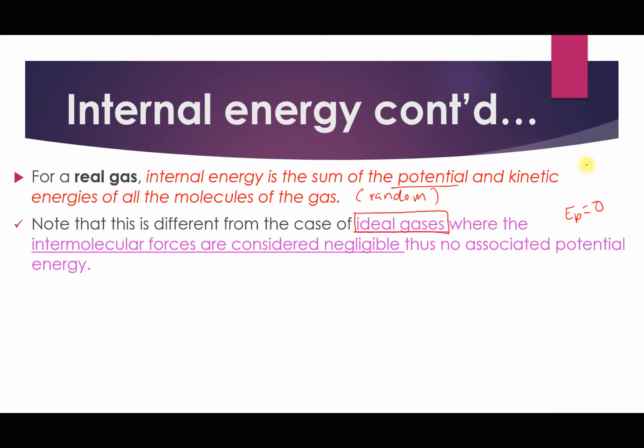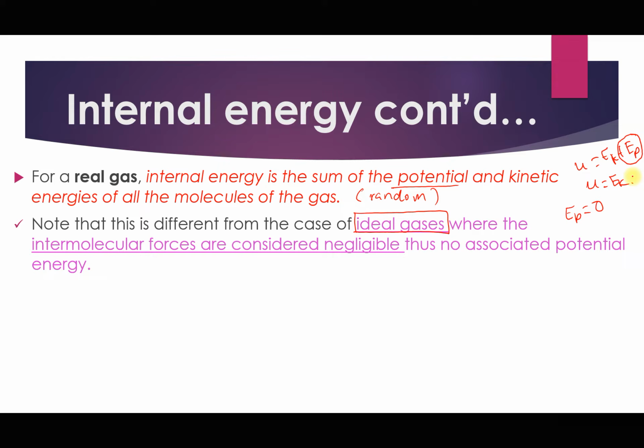And remember, internal energy is the sum of the random distribution of the kinetic plus the potential energy of the molecules. Since the potential energy part is zero, for an ideal gas, internal energy is simply equal to the sum of the random distribution of the kinetic energy of all the molecules which make up the ideal gas.